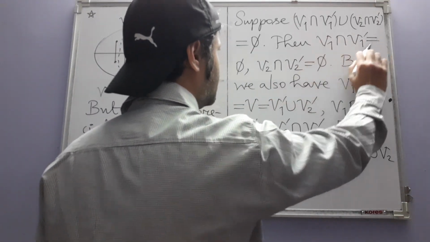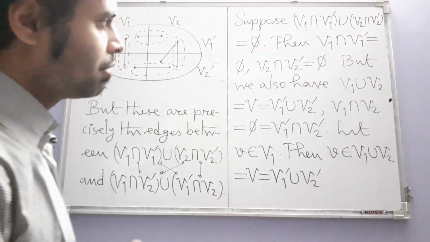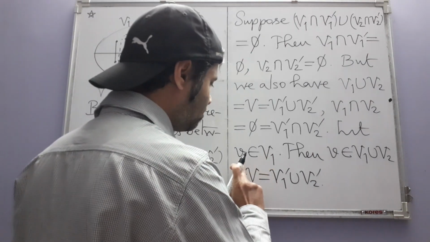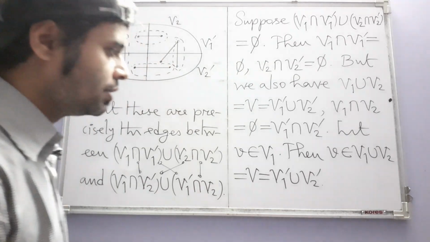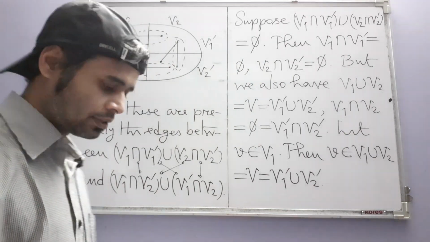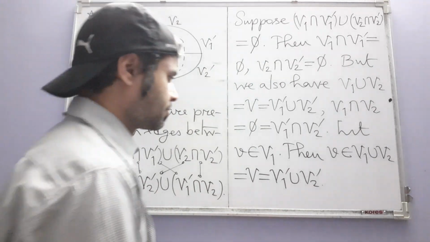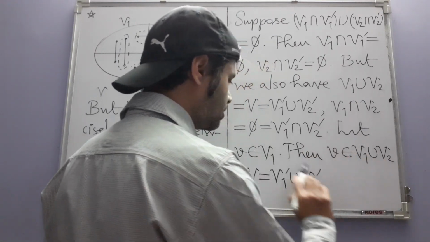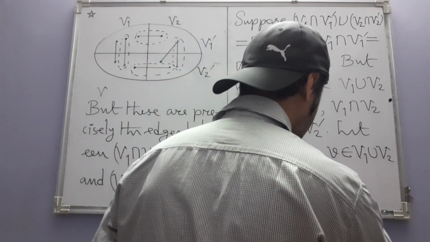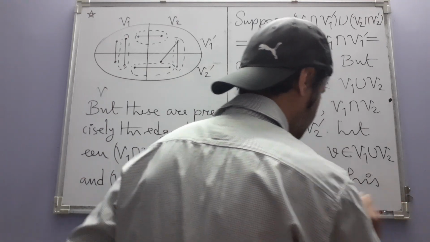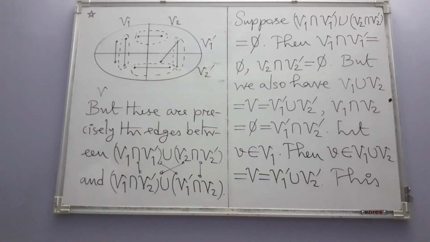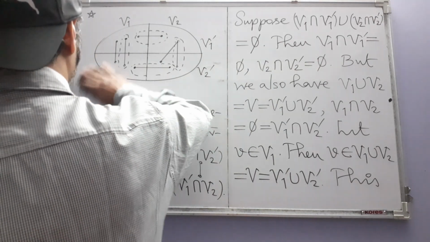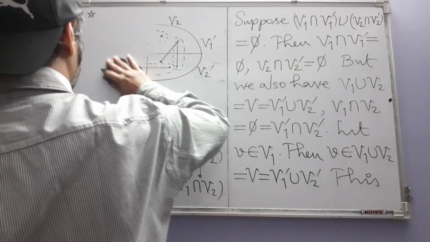So we have this condition that V1 intersection V1 prime is empty. Okay. Now we have chosen an arbitrary element v in V1. So that means I don't need this. So now v belongs to this, which is equal to this. I won't need the figure also.